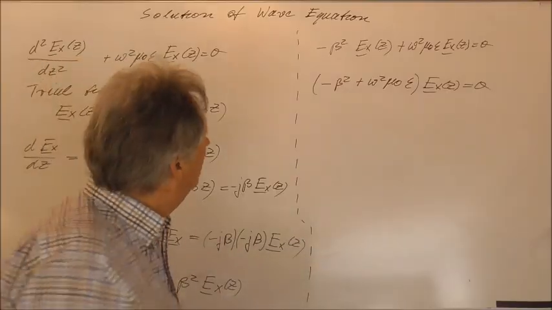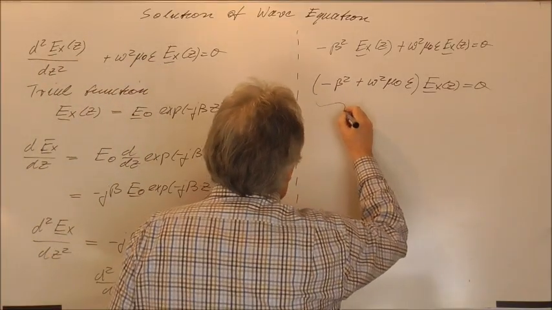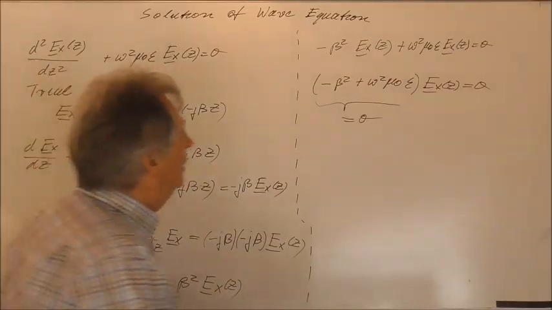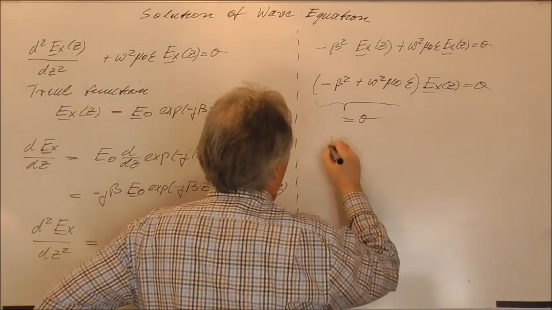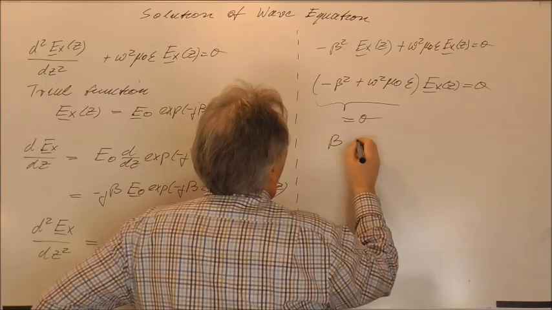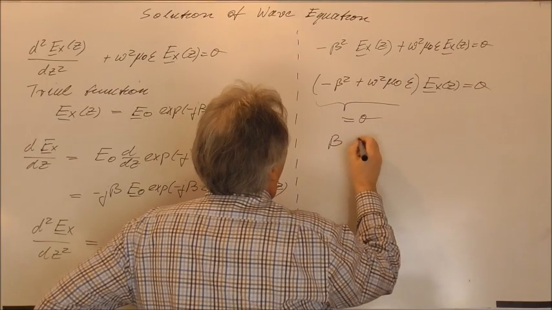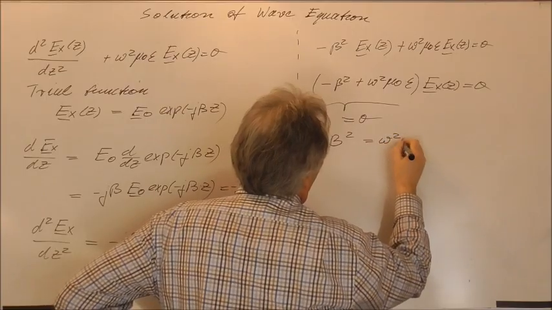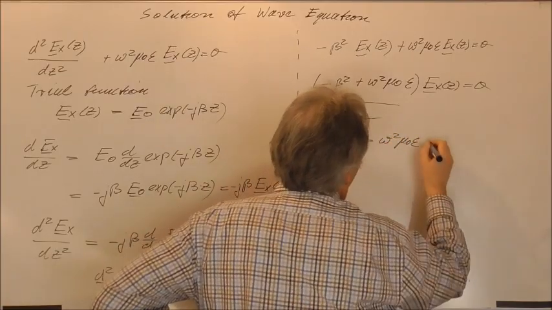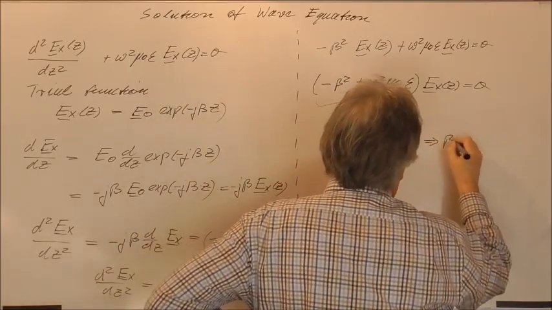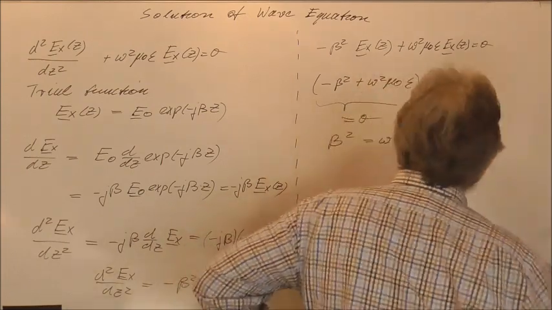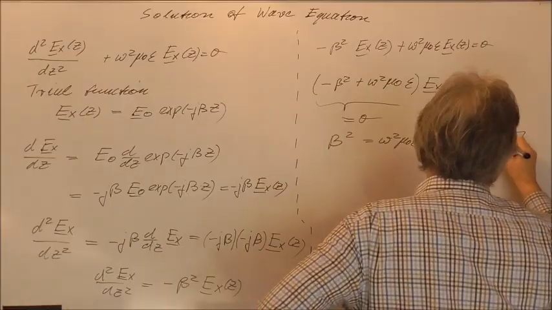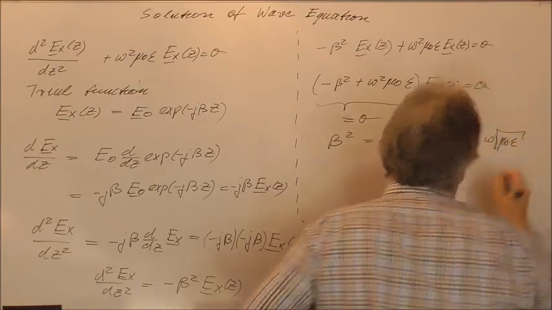So the non-trivial solution is given by the fact that this term must be 0, or we can say that beta square must be equal to omega square mu naught epsilon, or beta must be chosen to be equal to omega the square root of mu naught epsilon.